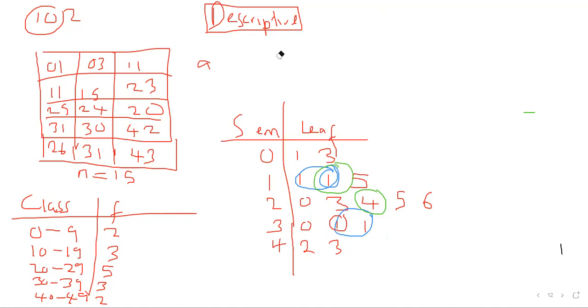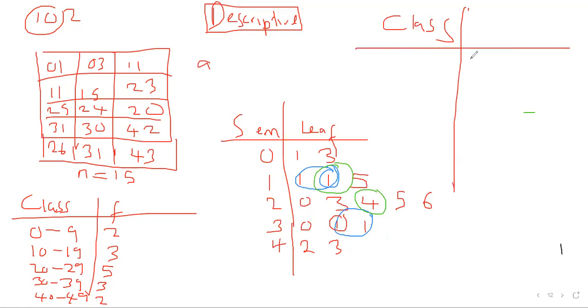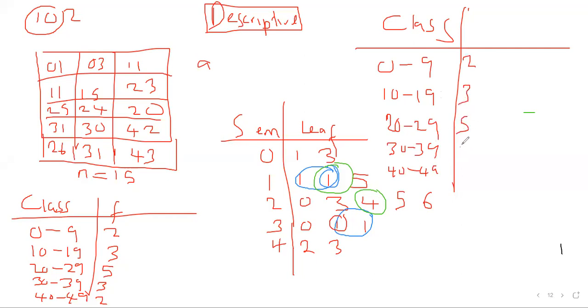We have established here that the classes are given as follows: 0 to 9, 10 to 19, 20 to 29, 30 to 39, 40 to 49. So we are going to have 2, 3, 5, 3, and 2. This is the frequency column.